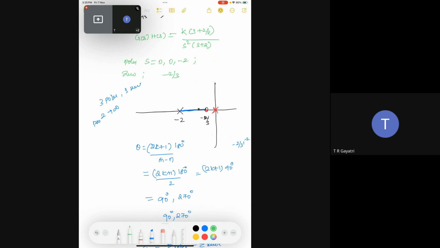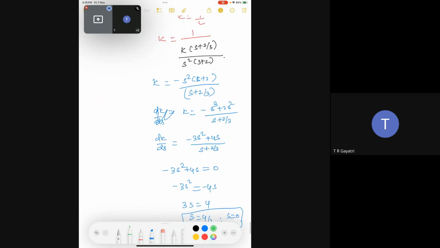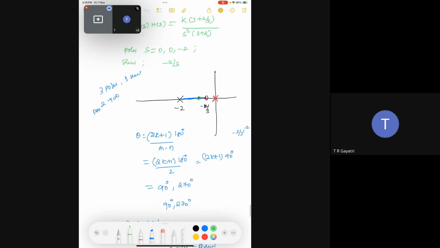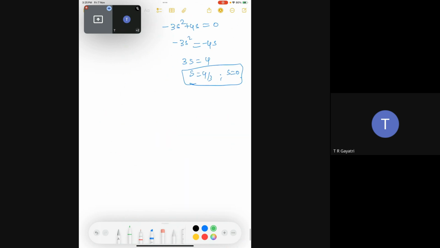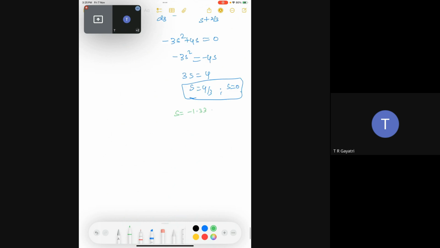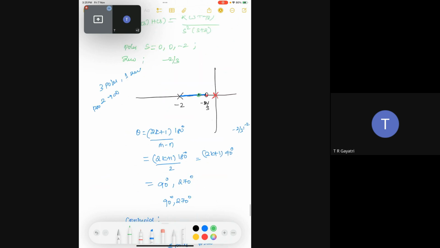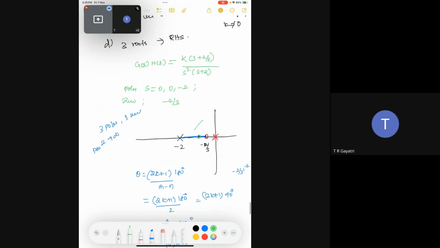So I'm taking 4 by 3 as the breakaway point. Breakaway or break-in, we cannot tell. It's between a real zero and a real pole, right? Ma'am, what is the purpose of the centroid? The asymptote angle tells at what degree it is going to separate. The centroid tells exactly at which point on the real axis it is going to separate.